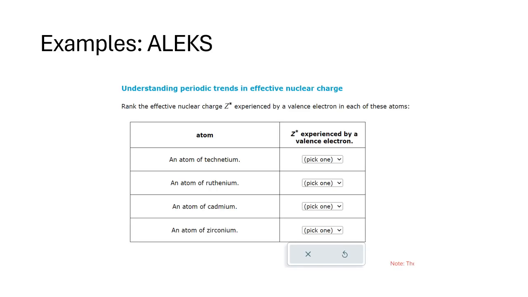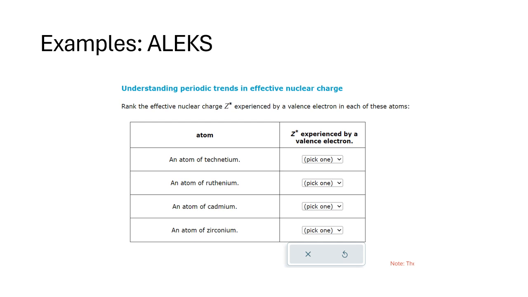We can look at an ALEX question here. We have technetium, which is element 43. And the next one is element 44. Cadmium, element 48. And then zirconium is element 40.